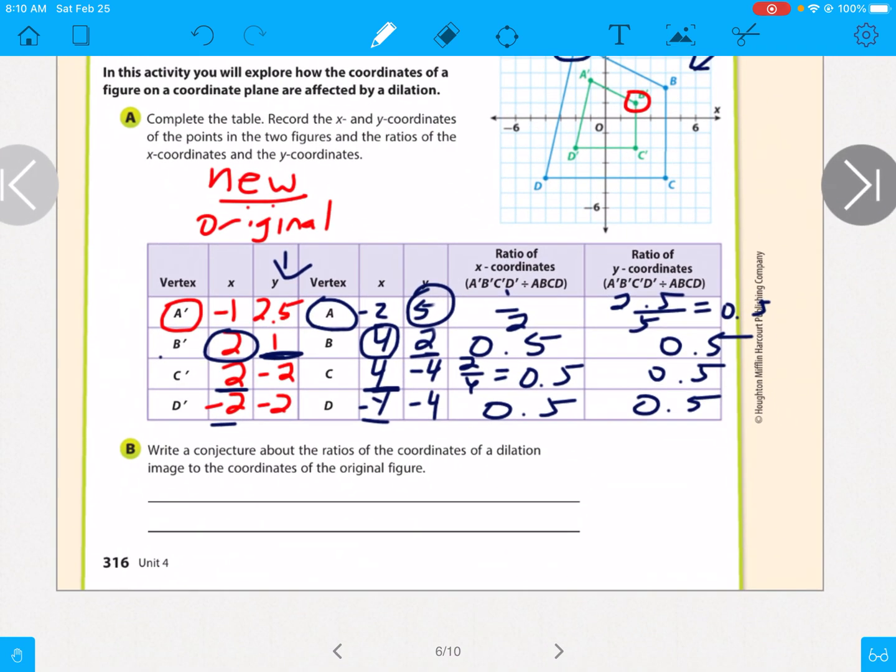It says, write a conjecture about the ratios of the coordinates of a dilation image to the coordinates of the original figure. You can tell that it gets smaller, and it gets smaller by half the size. So the ratios are 0.5 or 1/2. They're all the same, so the ratios are proportional.